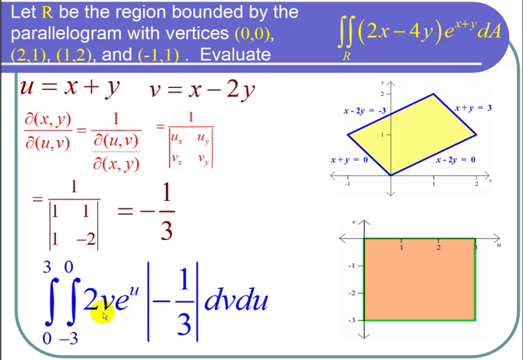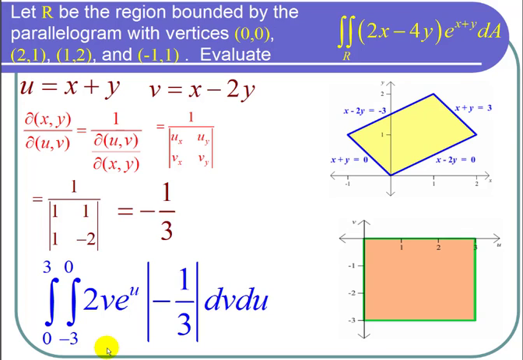So I write 2v. e to the x + y, well, x + y is u, so that's e^u. Then I have the absolute value of the Jacobian, or the absolute value of -1/3, dv du, and v is just going from -3 to 0, and u is going from 0 to 3. And that's because I have a rectangle here. Makes the limits so nice.